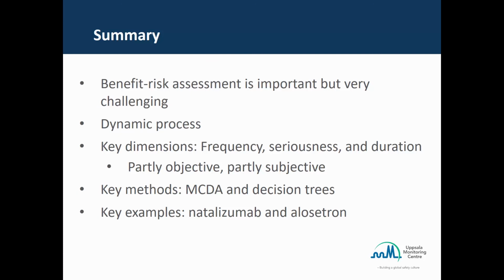Criteria-based methods, and especially multi-criteria decision analysis, or MCDA, is one group of methods that is worthwhile to remember, and decision tree-based methods is another one. And finally, the two examples of natalizumab and alosetron are interesting and I think useful to keep at the back of one's mind when browsing through the literature on benefit risk assessment.